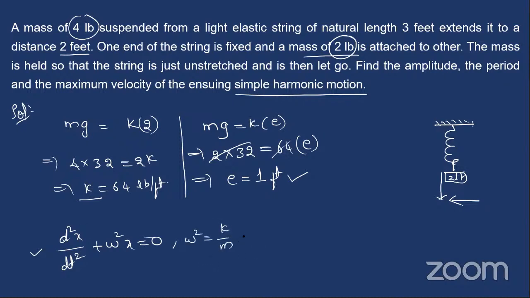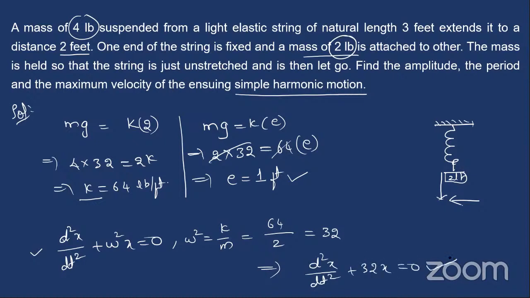Let us calculate omega square. We got k as 64, and the mass you are attaching is 2 lb, so omega square becomes simply 32. That implies the differential equation is d square x by dt square plus 32x is equal to 0.